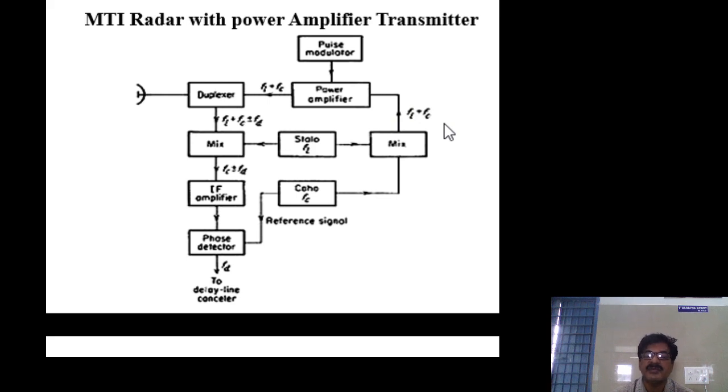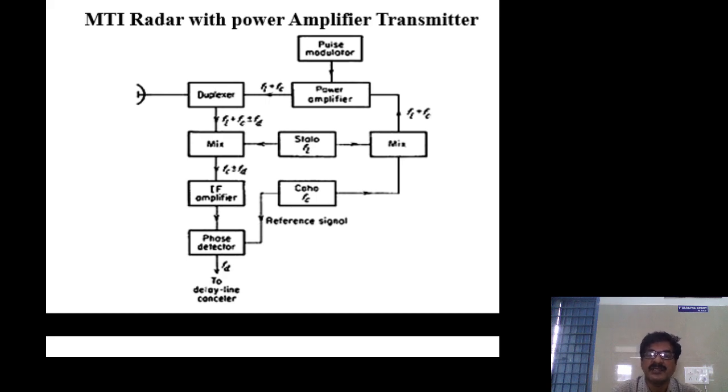This is the frequency of the transmitted signal. In previous diagrams we had a separate transmitter generator, but here the stable oscillator and coherent oscillator decide the frequency of the transmitting signal. After that the signal is amplified in power using the power amplifier, and the output will be a pulse type of wave, because the power amplifier is switched on and off by the pulse modulator.